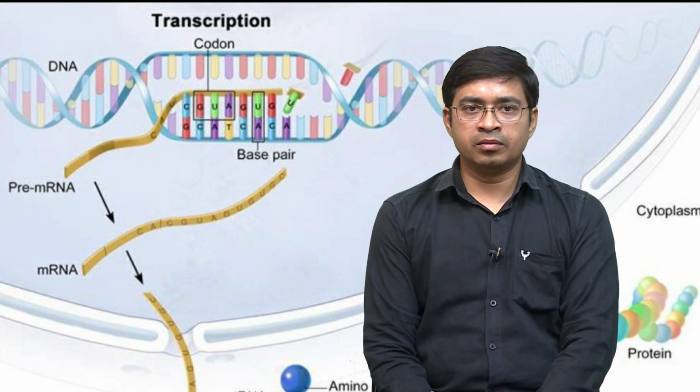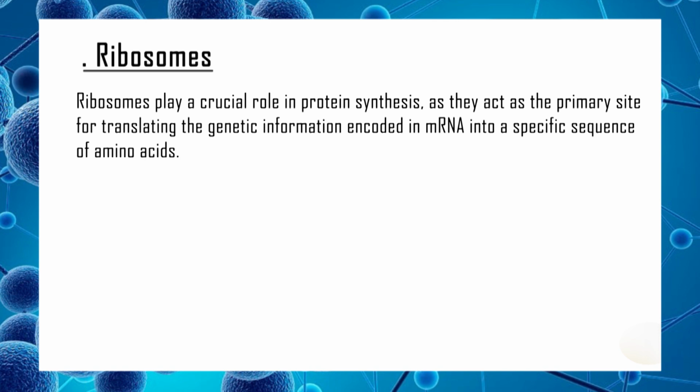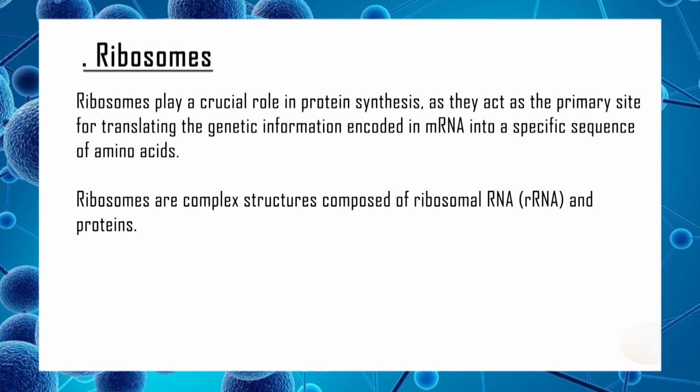The major key player in translation is the ribosome. Ribosomes play a crucial role in protein synthesis as they act as the primary site for translating the genetic information encoded in mRNA into a specific sequence of amino acids. Ribosomes are complex structures composed of ribosomal RNA and proteins.